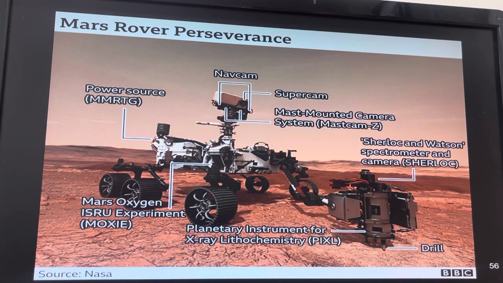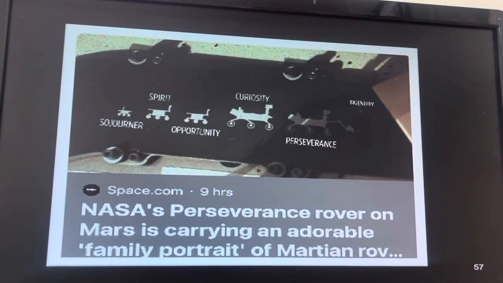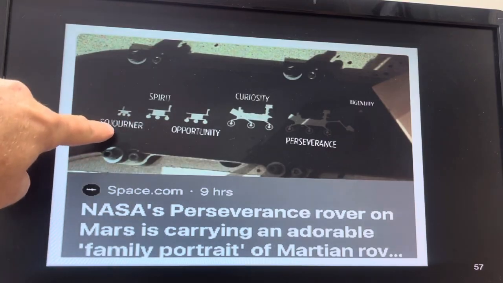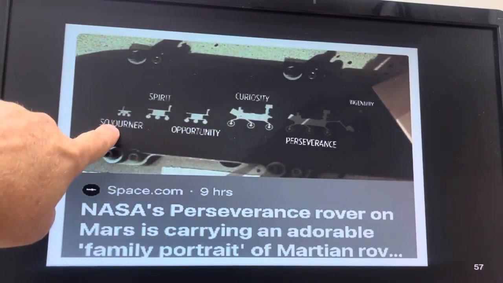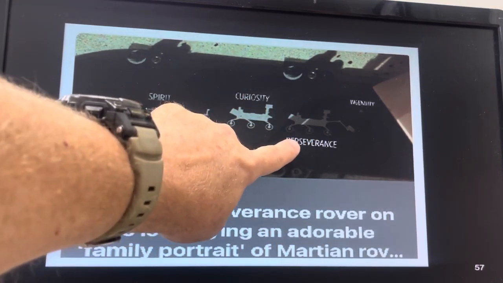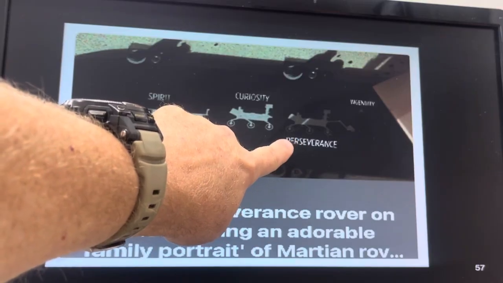And this one just went up there, just landed, and this one is kind of unique and special because it has this extra little family portrait on one of its surfaces of all the different rovers that came, and now this is the new one that's up there now.